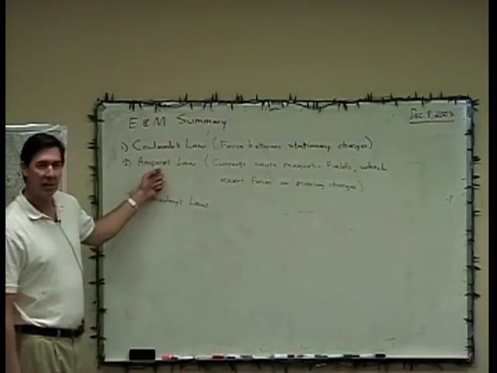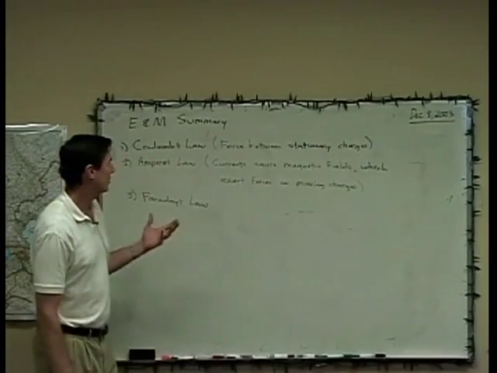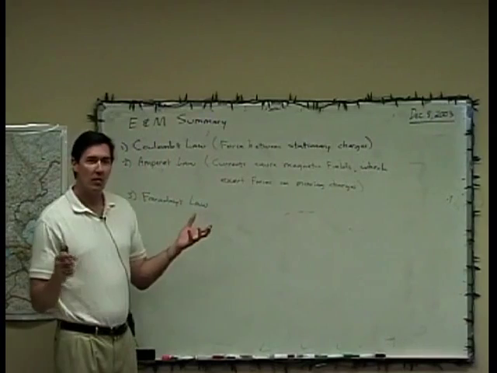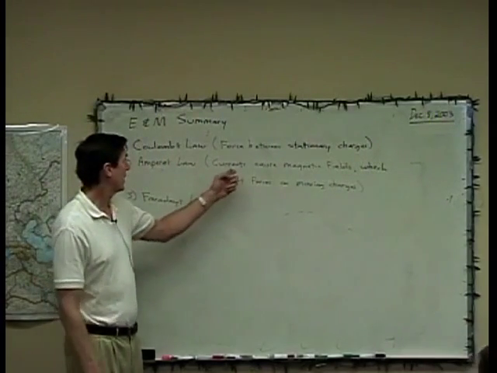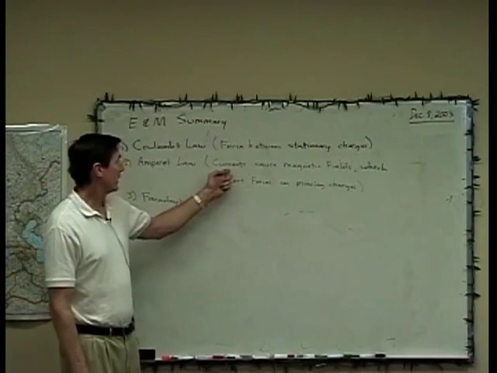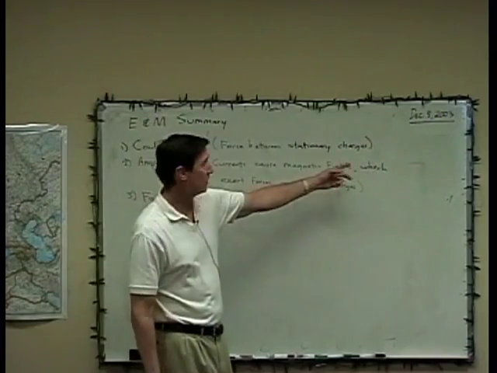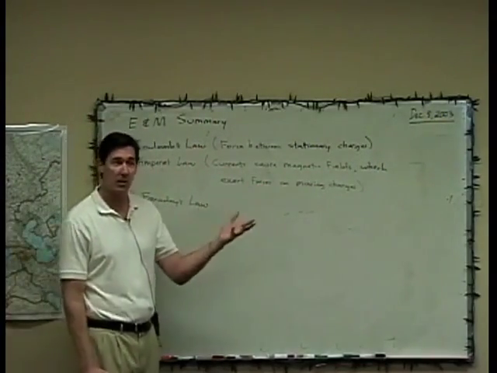Then Ampere's law we covered, which is a law that describes the forces when the charges start moving. Oersted and Ampere discovered that currents cause magnetic fields, and those magnetic fields exert forces on other moving charges.